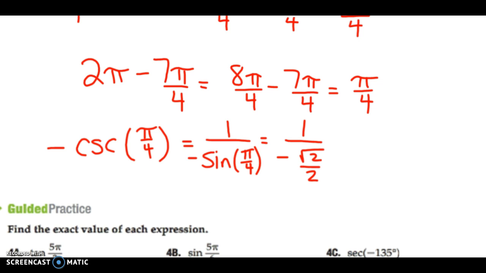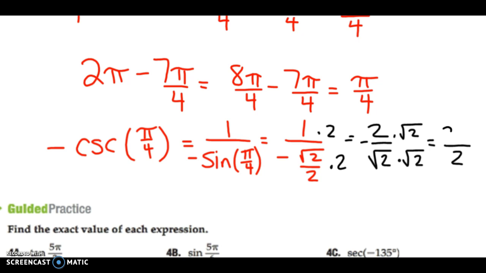Now to simplify this, let's make our life a little easier. I multiply by 2 first, and I get negative 2 over square root of 2. I can't have square roots in the bottom, so I multiply top and bottom by square root of 2, so that on the bottom square root of 2 times square root of 2 is just 2, and I get negative 2 square roots of 2 over 2. Obviously that can simplify, since there's a 2 in the top and a 2 in the bottom.